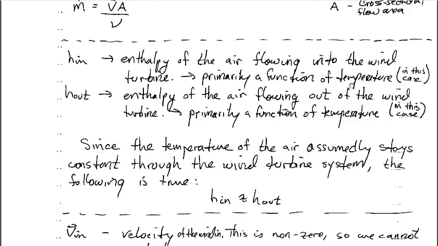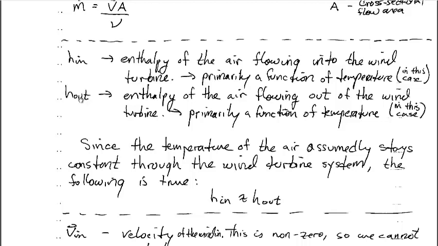Air is very nicely, almost always, modeled as an ideal gas. So enthalpy in and enthalpy out really depend on the temperature of the air and nothing else. It doesn't depend on the kinetic energy, the potential energy, or the pressure of the air. Because air is represented as an ideal gas, the enthalpy of the air is only a function of temperature.